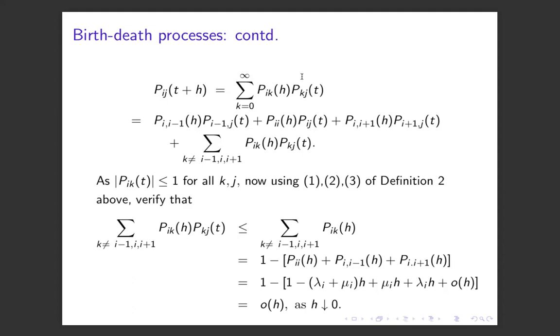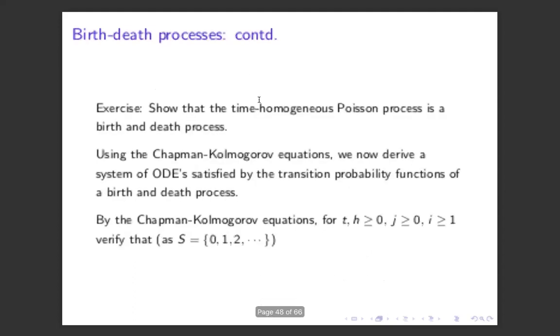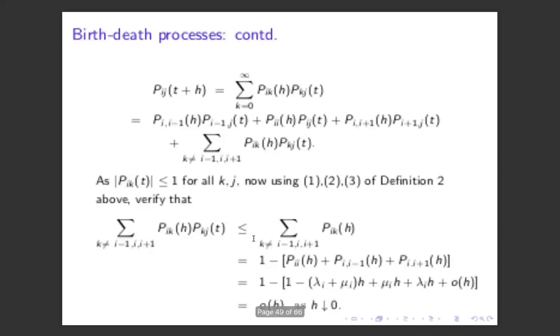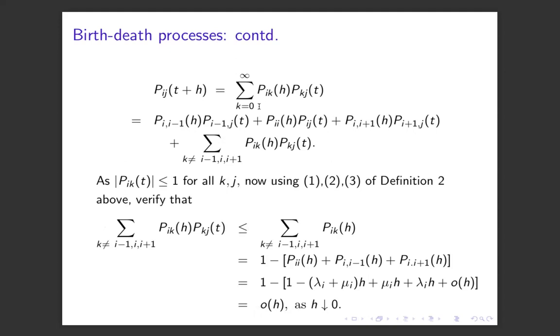Whatever the behavior from h to t plus h, that is captured by this function itself because of the time homogeneity property of the process. Here, k varies from 0 to infinity. That is the state space. So you can take k equal to i minus 1, k equal to i, and k equal to i plus 1 separately. Those three terms you put separate, and all the rest you put here.